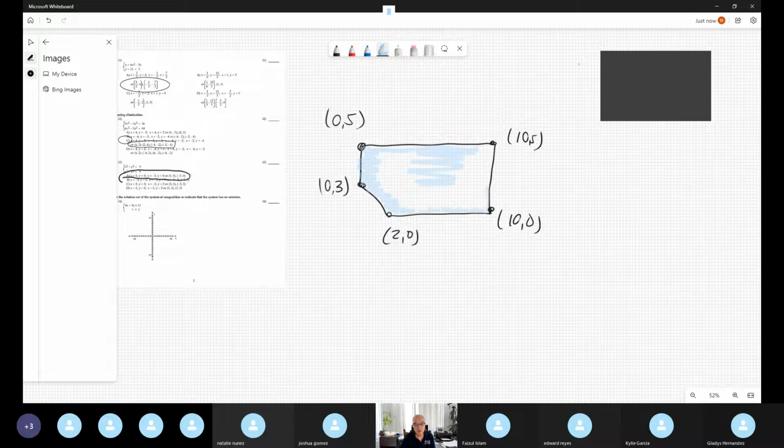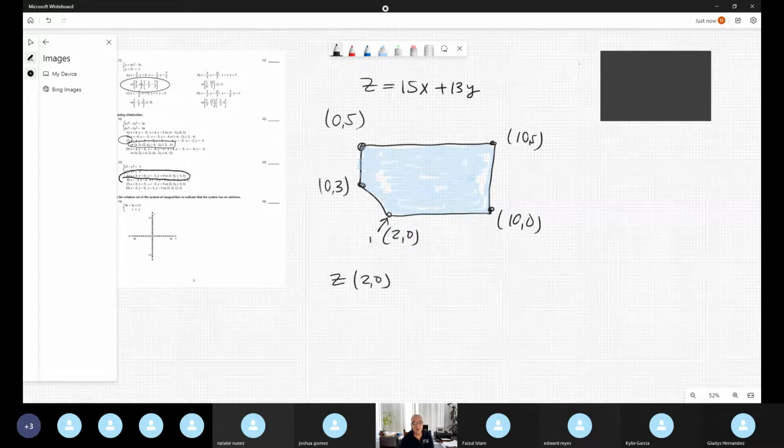So the problem says find the maximum of the objective function, and you evaluate the corners one by one. The objective function equation was 15x plus 13y, no? Suppose you evaluate at 2,0 first.